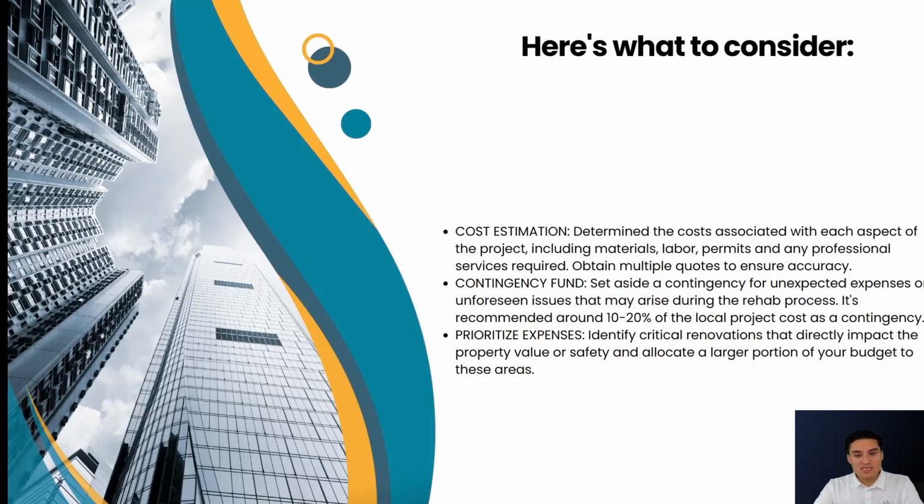And then prioritize the expenses. Identify critical renovations that directly impact the property value or safety, and allocate a larger portion of the budget to these areas. And this is what I was telling you, that you never know what's going to happen on the property even after you buy the property. So you want to do a full inspection multiple times of the property.